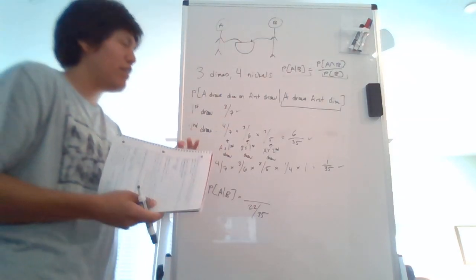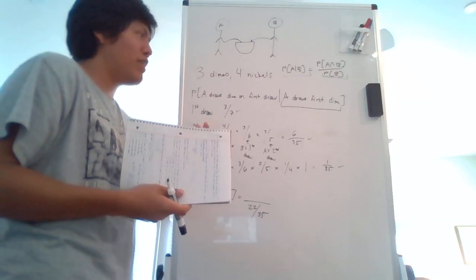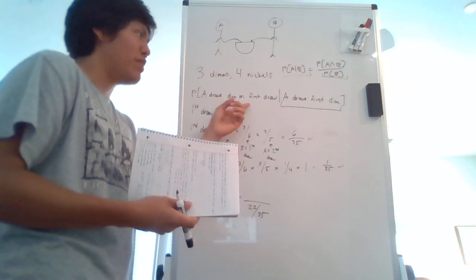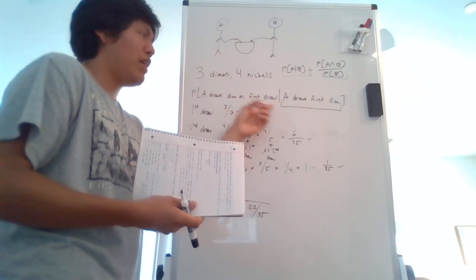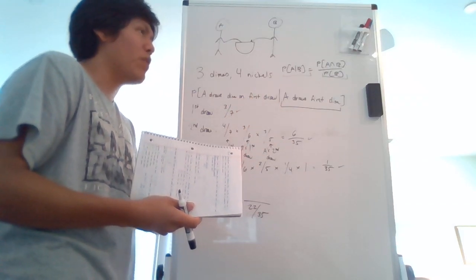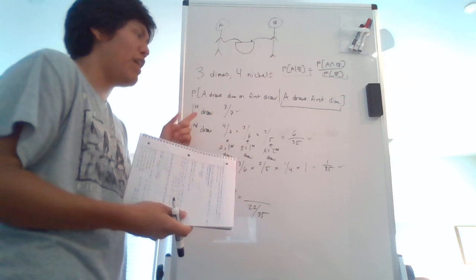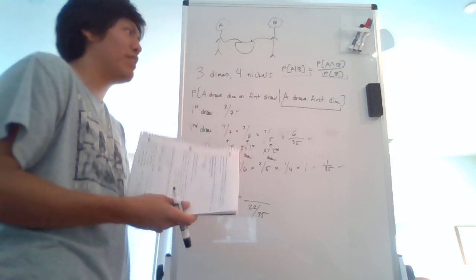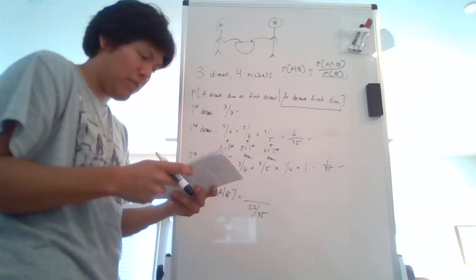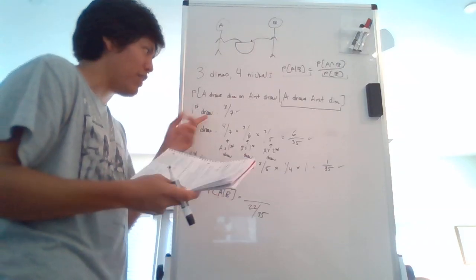In which situation does A draw the dime on the first draw and A draws the first dime? Well, that only happens if A draws the dime on the first draw. So yeah, that's 3 over 7.